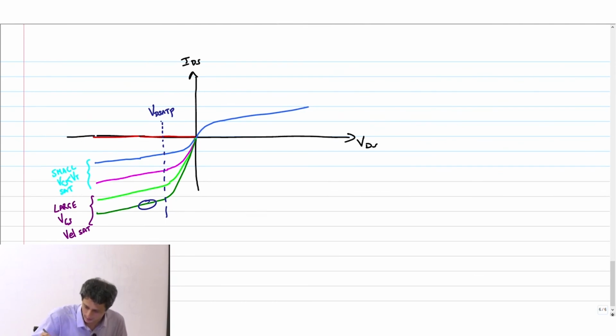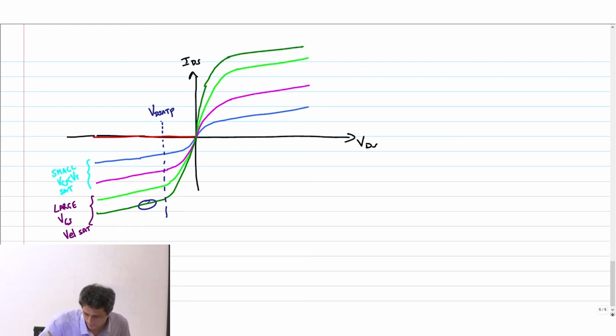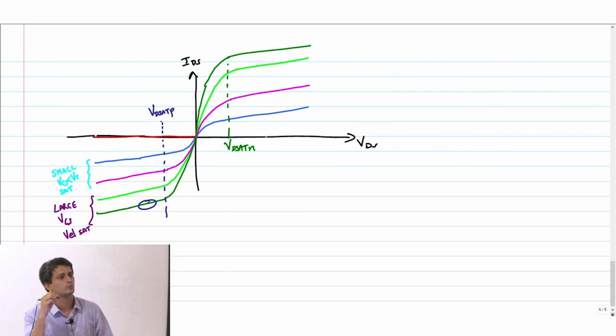The magenta can again be in saturation, and this will be your VD sat N. The current is saturating at a particular VDS value.